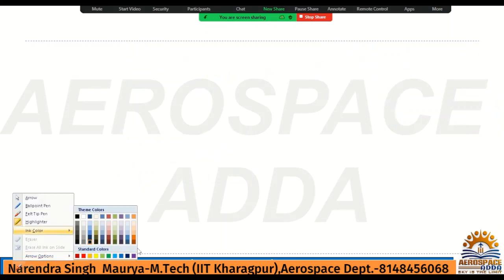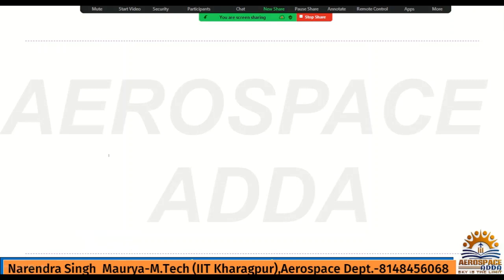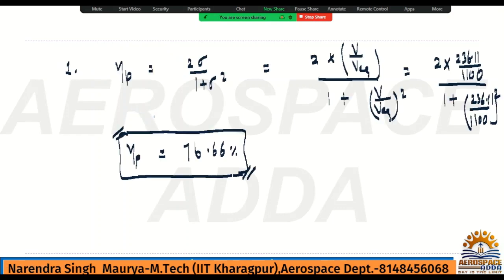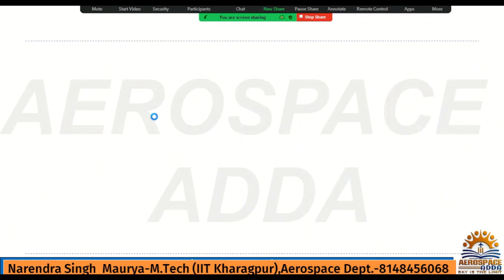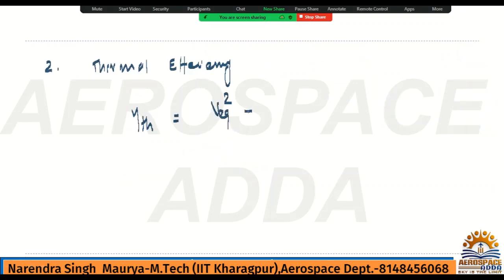Second one is the thermal efficiency. So what is the thermal efficiency? You have written the formula for thermal efficiency. It is V effective square plus V square divided by 2 eta Cc m dot P HV. So I will write here V equivalent square plus vehicle velocity square, divided by 2 into eta Cc, the combustion chamber efficiency, into HV into mass of the propellant.